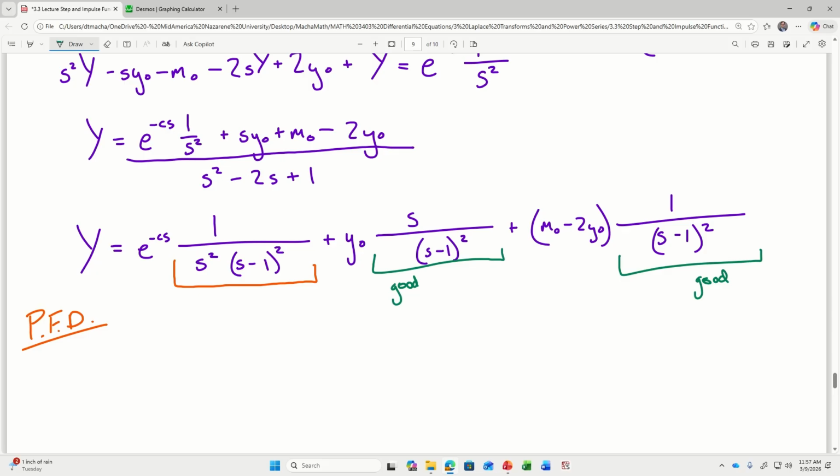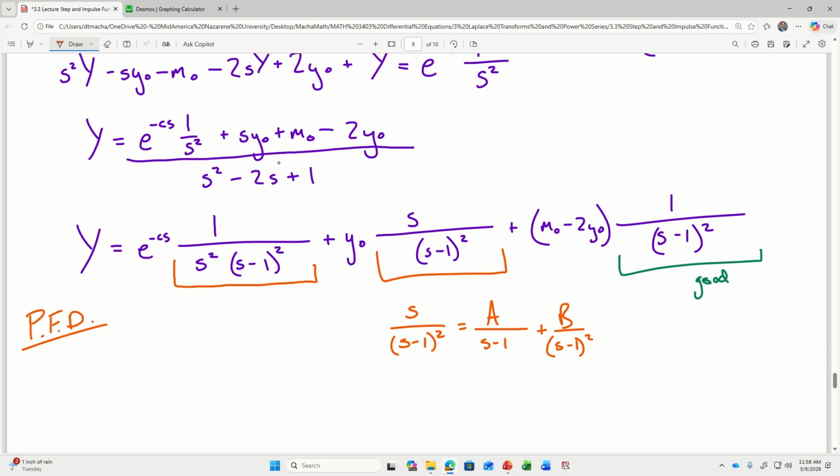No, I'm wrong. You have to do partial fraction decomposition. The reason I'm wrong is this one. This one's actually fine, but this one's not good to go, right? Because in this partial fraction decomposition, you would have to set s over s minus 1 squared equal to a constant over s minus 1 plus a constant over s minus 1 squared.